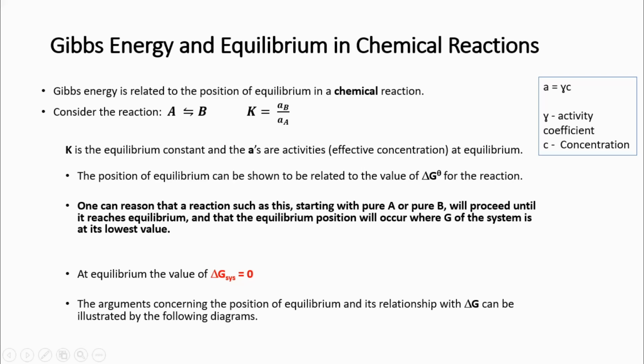Now, K is the equilibrium constant, and of course, like I said earlier, the a terms are the activities.